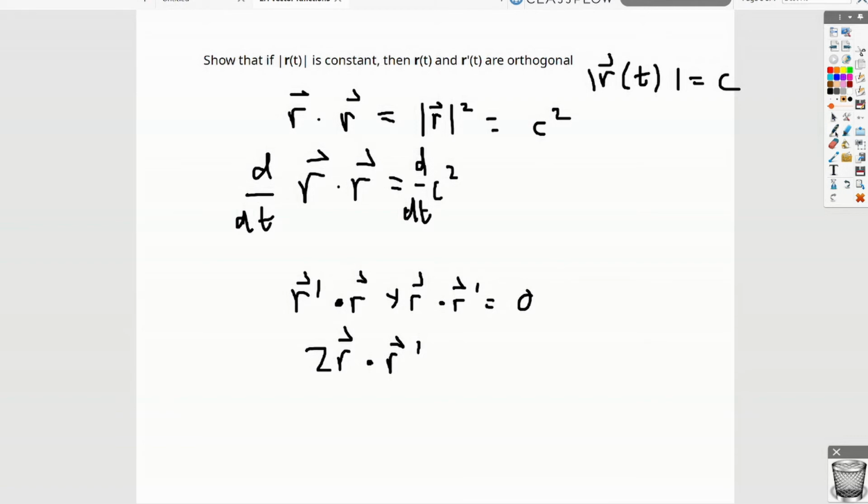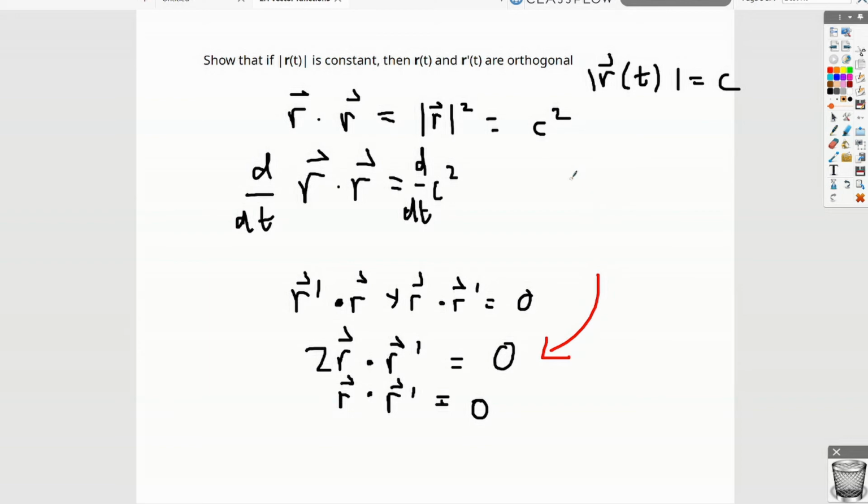So I'm actually going to put a very, very big disclaimer after this. So this is equal to 0, so that means r dot r prime is equal to 0. And this is the definition of perpendicularity for vectors in general. So therefore r and r prime are orthogonal, right? That's the proof.